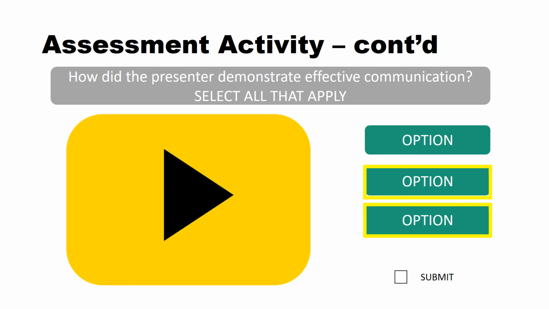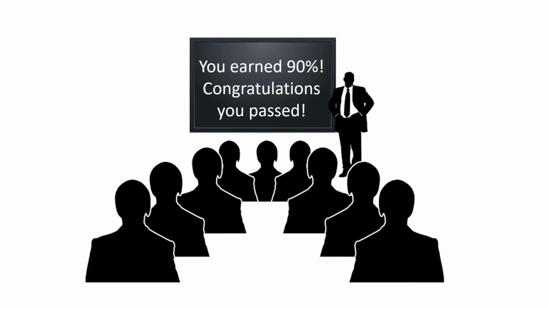Those are going to be listed here. The learner, as they're going through it, will pick the appropriate options and then hit the submit button, and that's how they submit their final answer. They won't know whether they're right or wrong until they complete everything and get their final score.